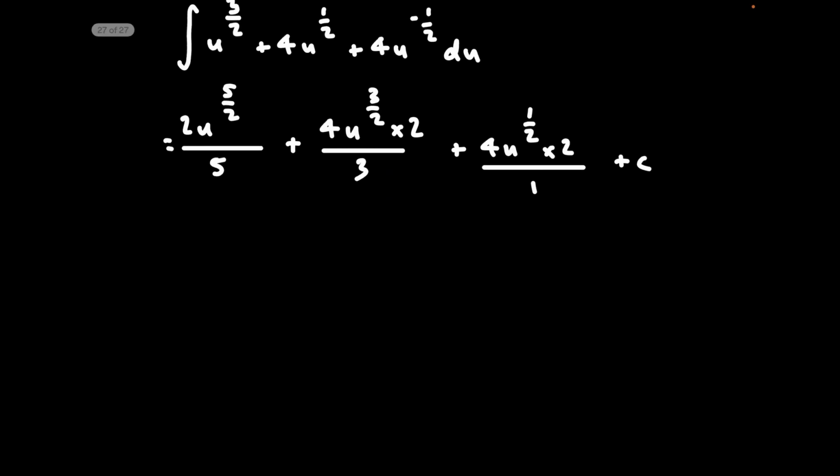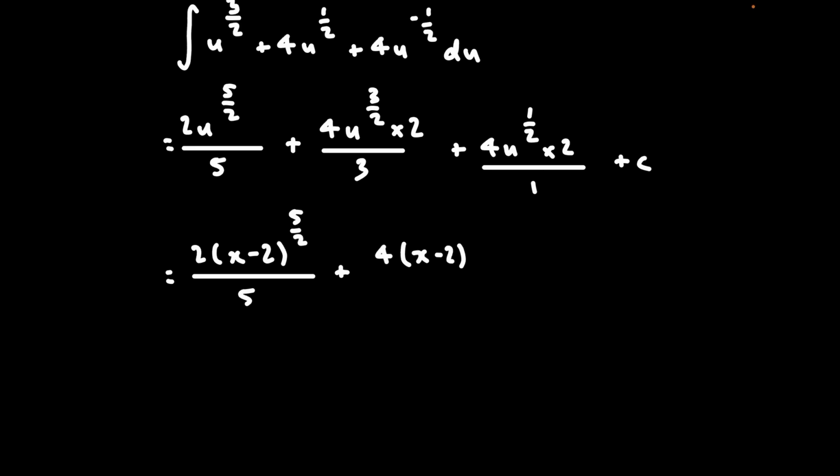Now same step as before, replace the u with x take 2 and simplify. So we have 2 times x take 2 to the power of 5 on 2 divided by 5, plus 4 times x take 2 to the power of 3 over 2 divided by 3. I forgot to times by the 2, so 4 times 2 is 8, so I'm going to replace the 4 with 8.